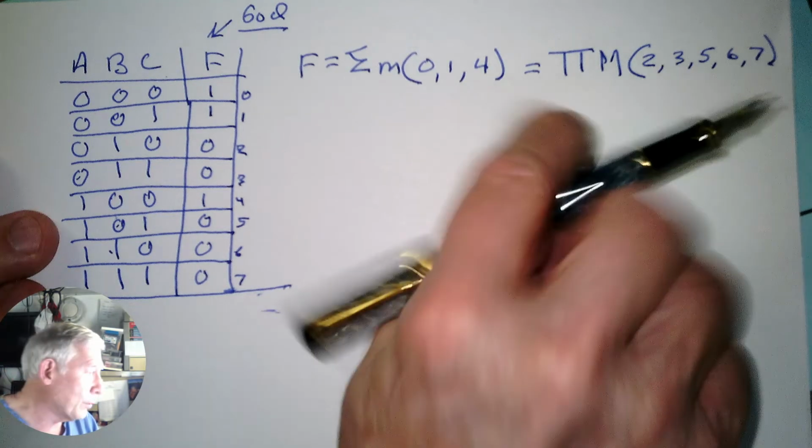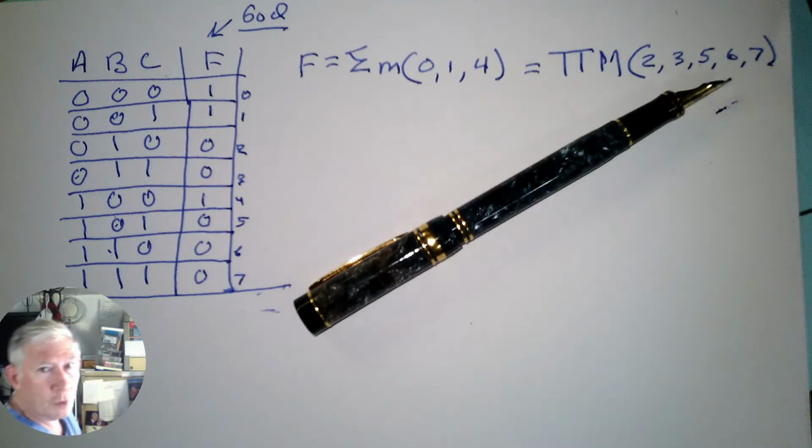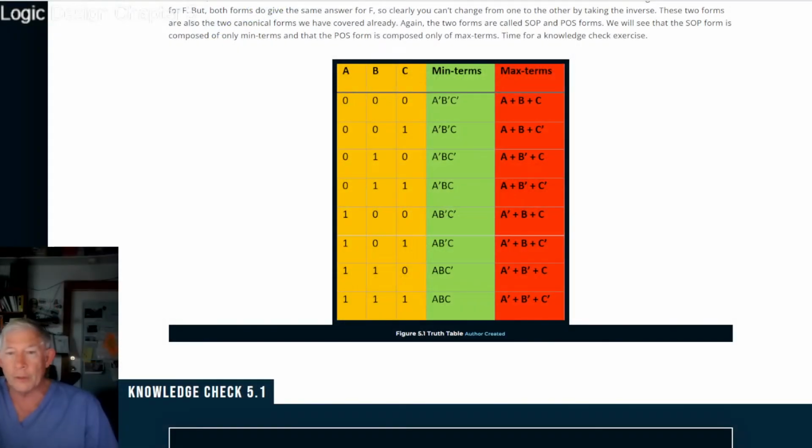Well, if we go back to our document, what we can see is that we have a defined minterm for every row. Now, at first you look at this and you think, wow, this is confusing. Not really. Notice here, A is 0, B is 0, C is 0. So the minterm is A prime, B prime, C prime.